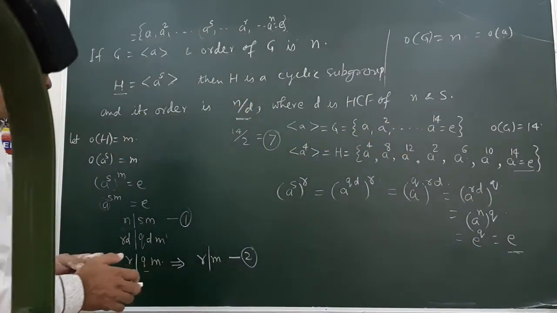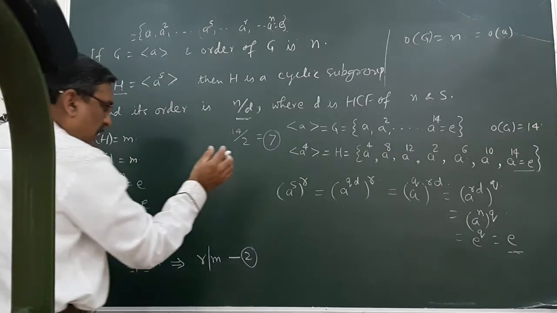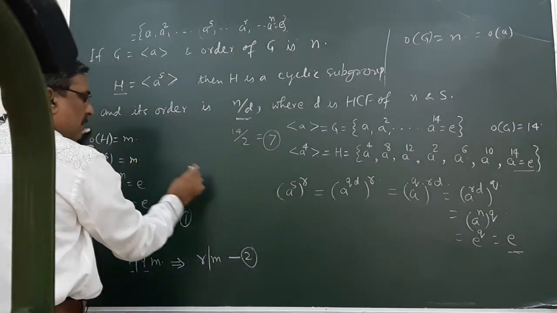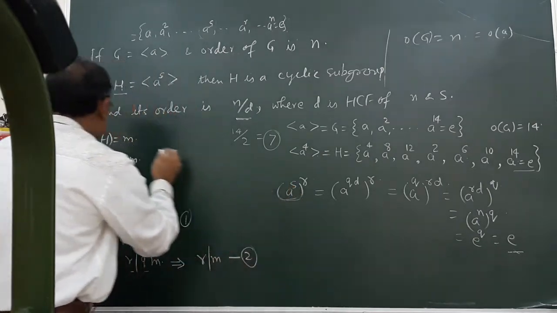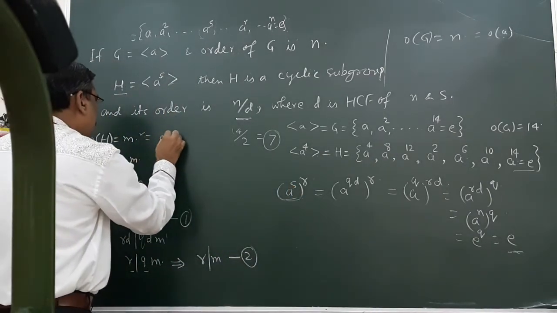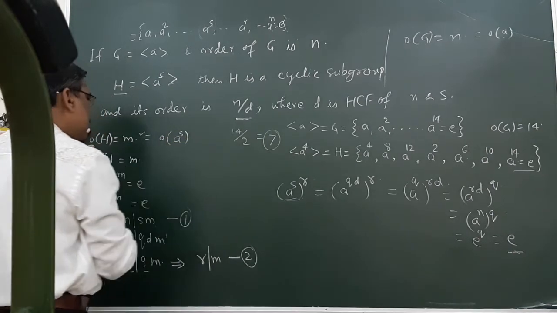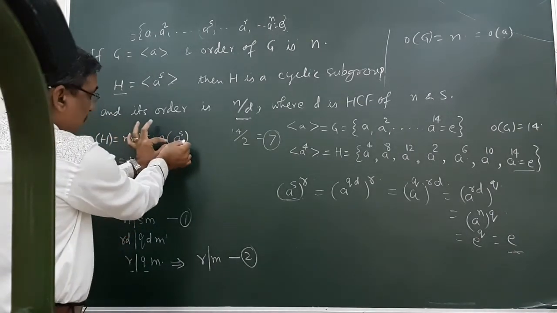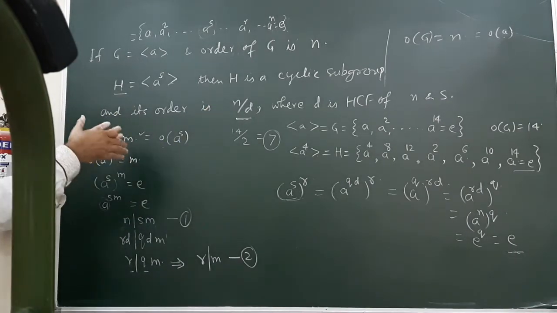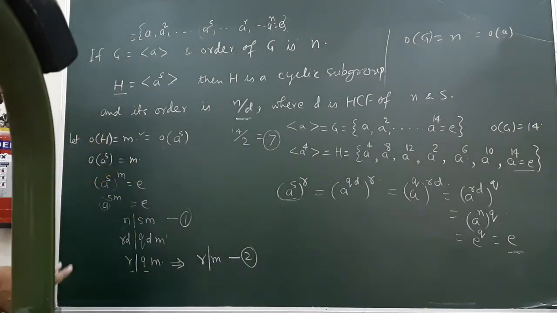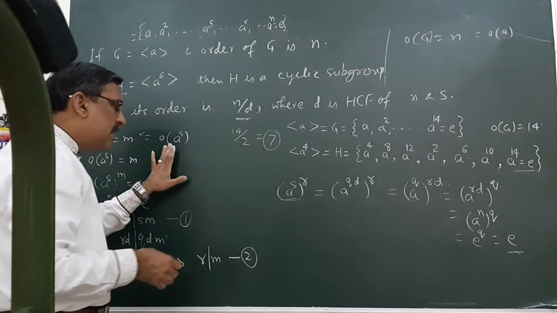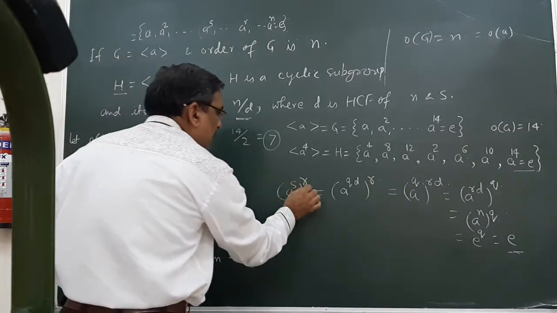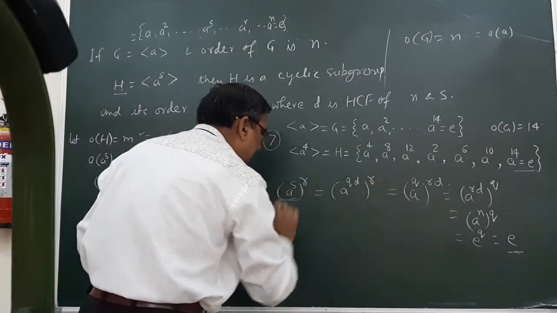What does it mean? Suppose we take the order of A^S. The order of H is N, so A^S is its generator, so the order of this element is also N. Its order is N, and raised to the power R gives us identity.